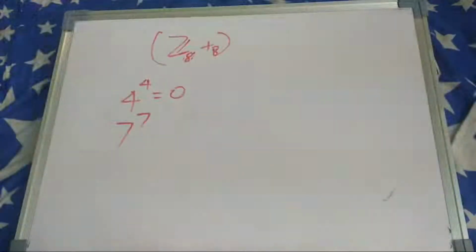So what we do is add 7 seven times, which is going to be 49, and then read it using mod 8, that is divide by 8 and get the remainder, and it is going to be 1. Yes, good.